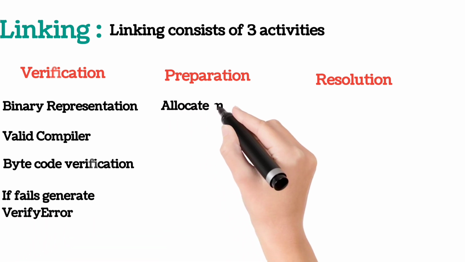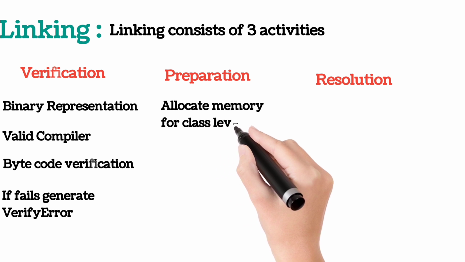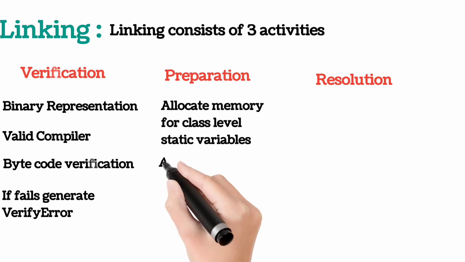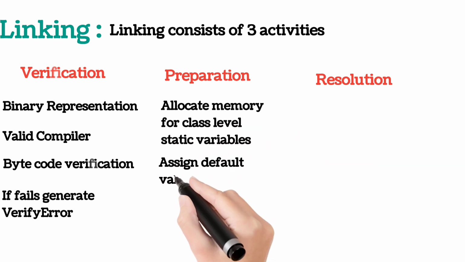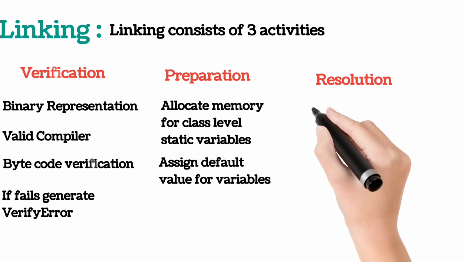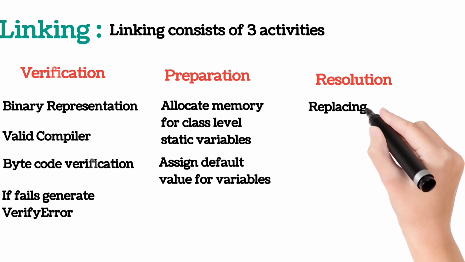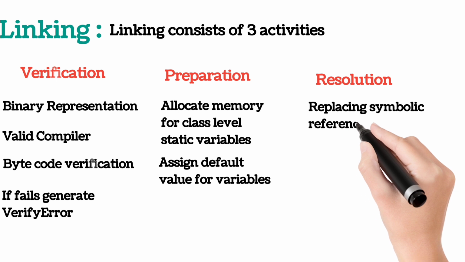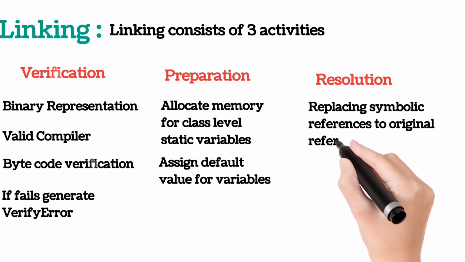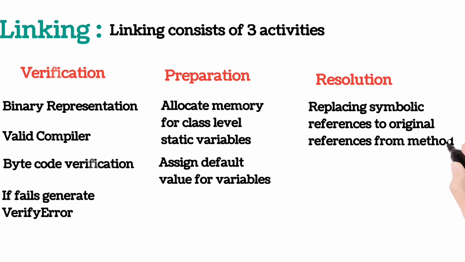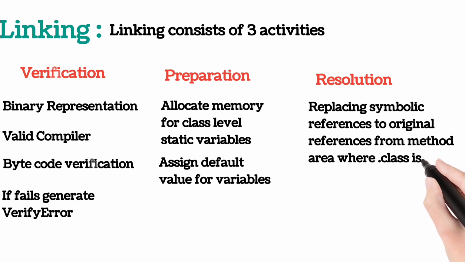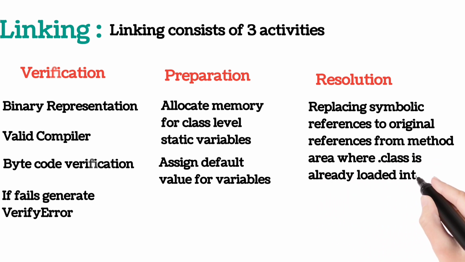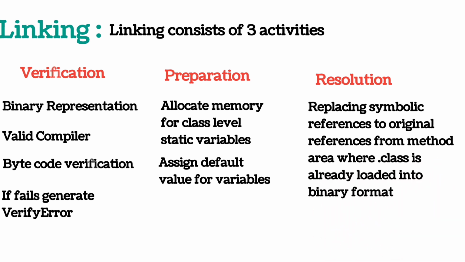In preparation, it will allocate memory for class level static variables. It also assigns default values to variables. In resolution, it will replace symbolic references with the original references from the method area where the .class is already loaded in binary format.